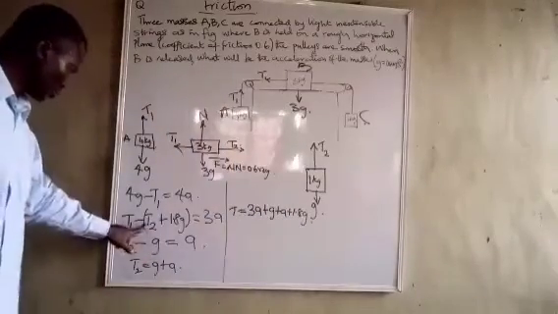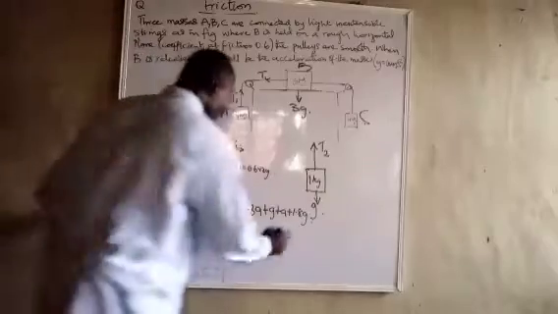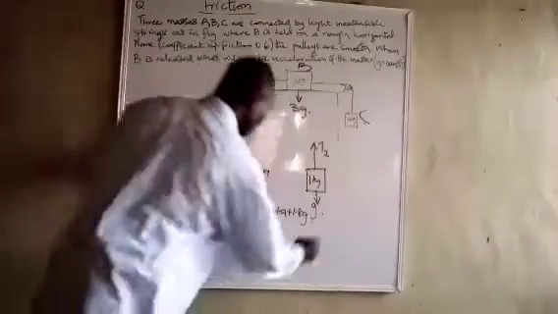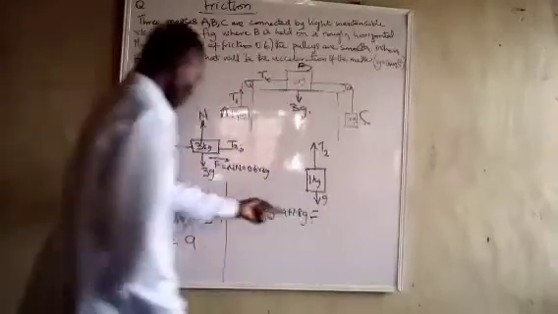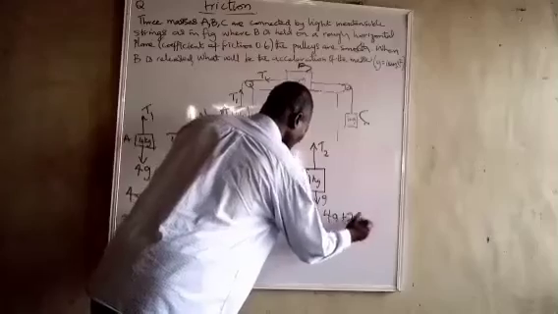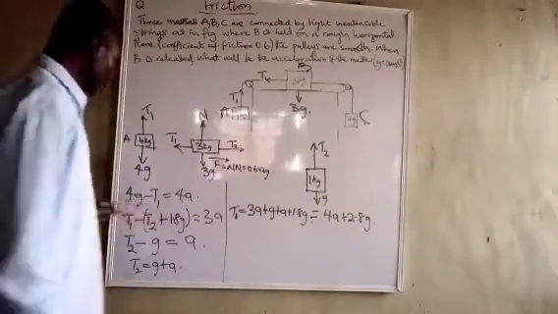This T2 is what I brought here, that's g plus a. So T1 will be equal to 4a plus 2.8g.